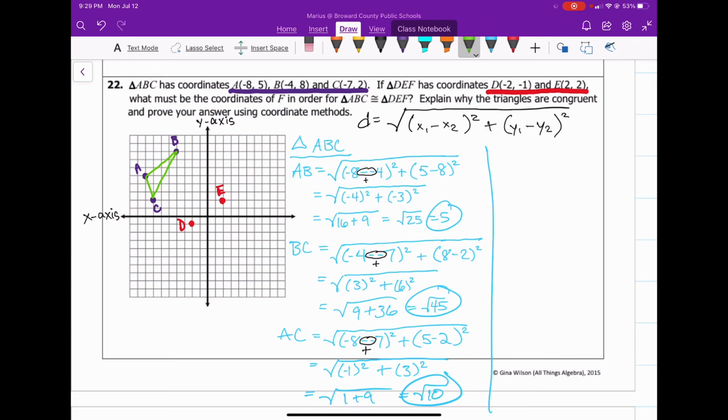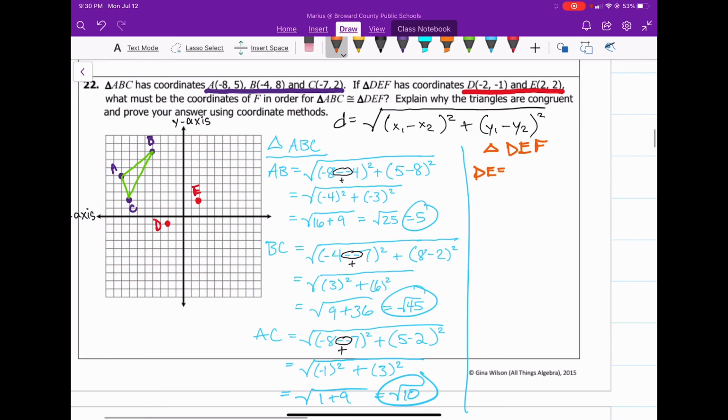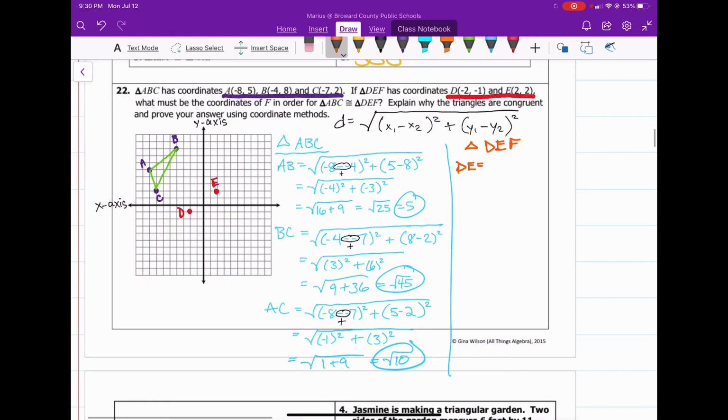Now for triangle DEF, we can only do the distance between D and E. So we do the square root of negative 2 minus 2 squared plus negative 1 minus 2 squared.